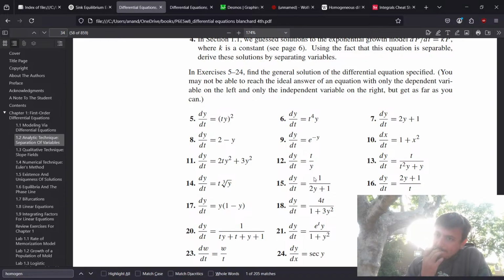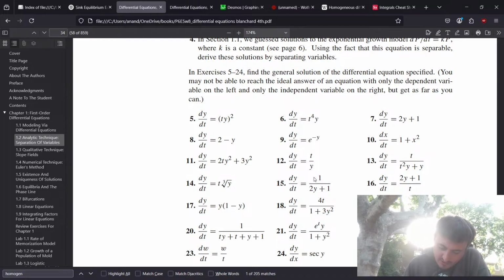I don't like these, man. But actually, that one's actually easy. I can do that one. dy over 2y plus 1 is equal to dt. If we let u equal 2y plus 1, then du/dy is equal to 2, so dy is equal to du over 2. So we're going to get 1/2 integral du over u is equal to t plus c.